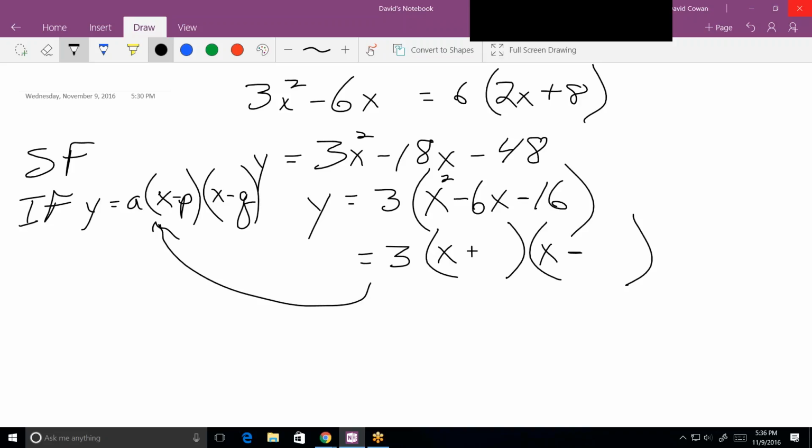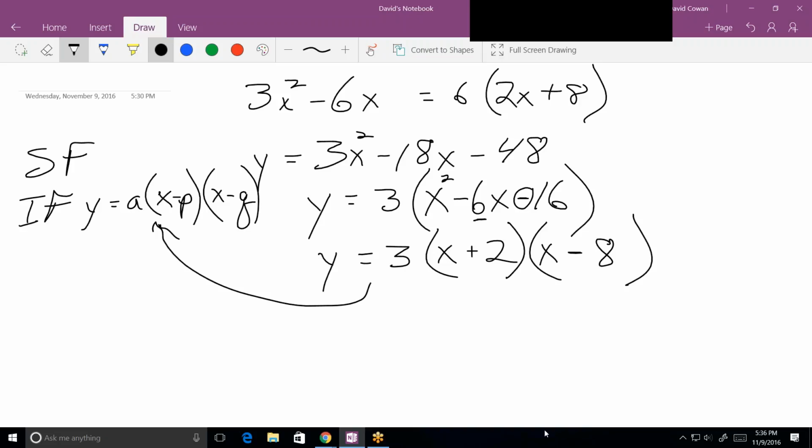That multiply to negative 16 and subtract to the number 6. Okay. Well, that's 8 and 2. 8 and 2 subtract to 6. Take the larger of those factors, put it with the sign of the middle term, minus. Take the other factor, put it with the other sign, and there you have it. Okay. And that is in intercept format.